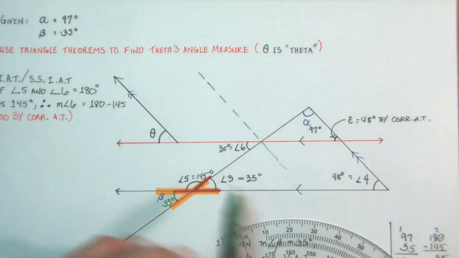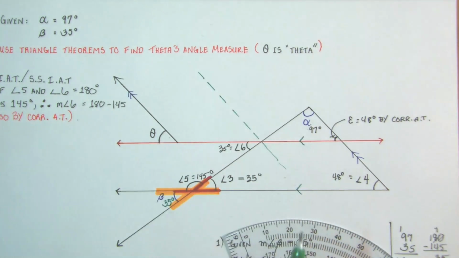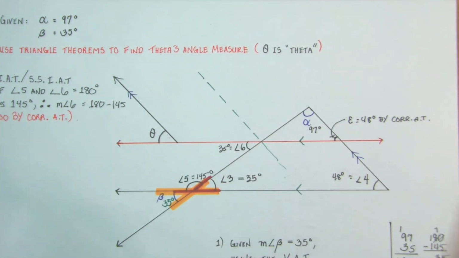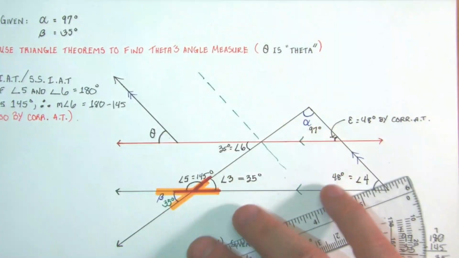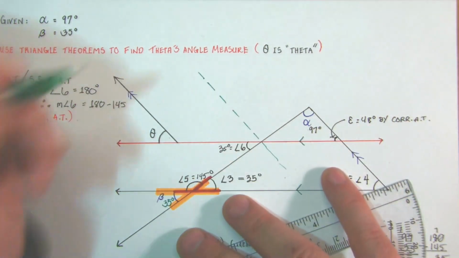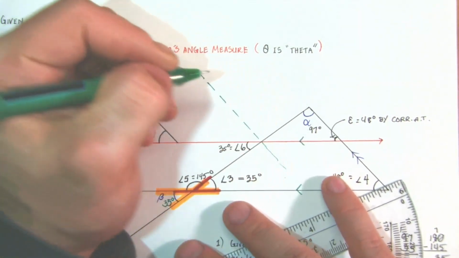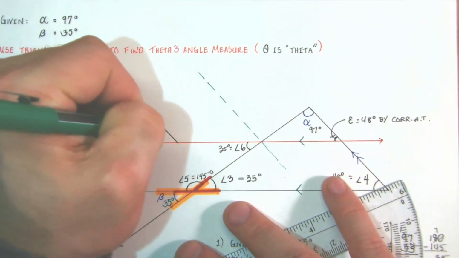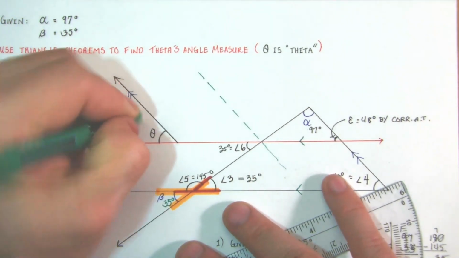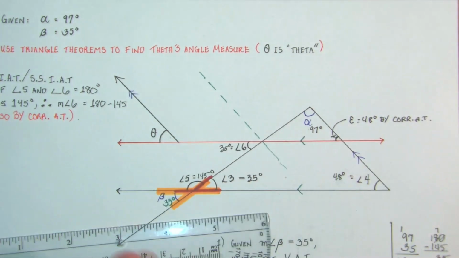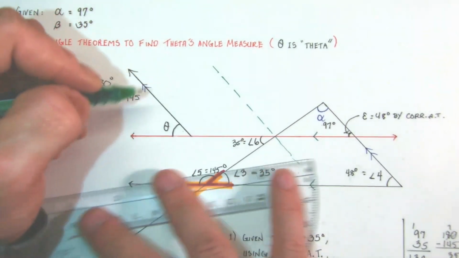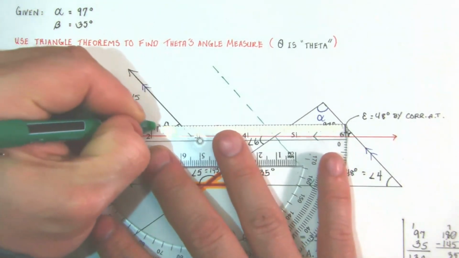So there's this 35, 48, 97 relationship going on. So anyway, I think we've proven by the corresponding angles theorem that this theta over here is 48 degrees.